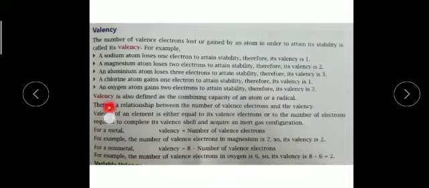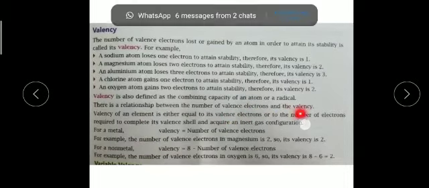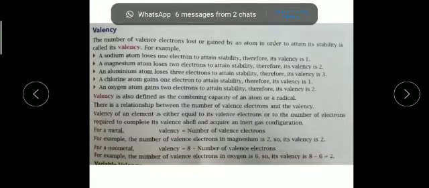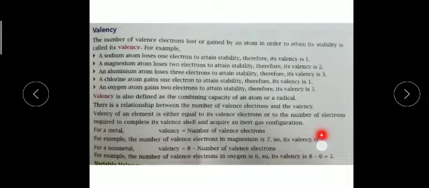Valency is also defined, from the lower classes, in 7th class, as the combining capacity of an element or a radical. So there is a relationship between the number of valence electrons and the valency. The valency of an element is either equal to the number of valence electrons or the number of electrons they require to complete their valence shell.